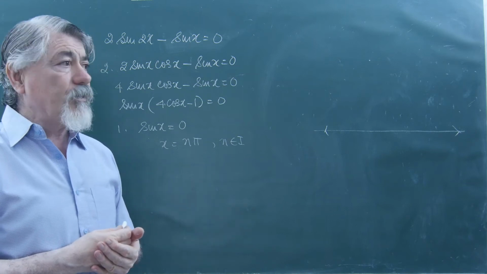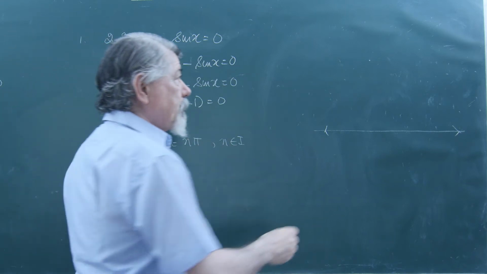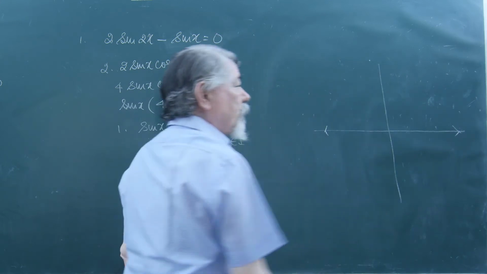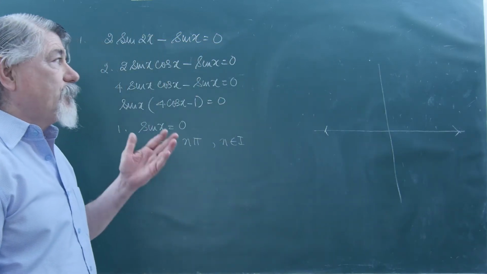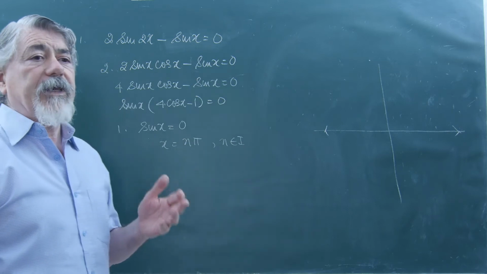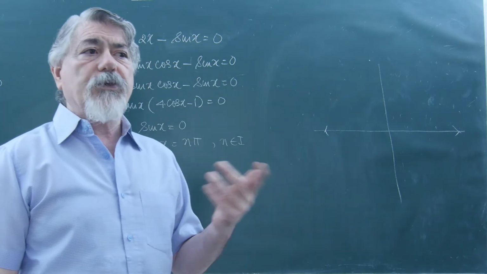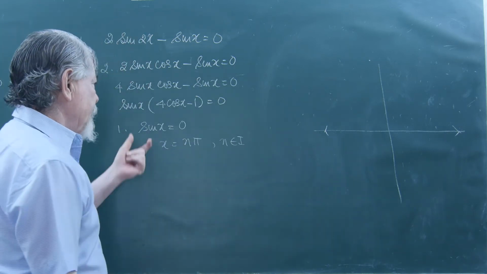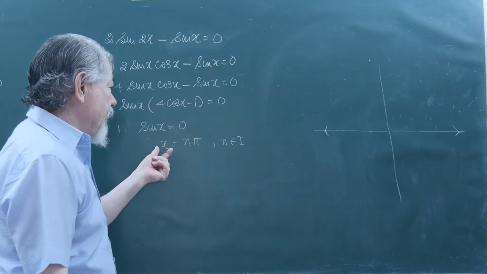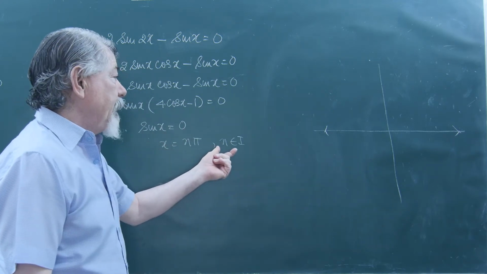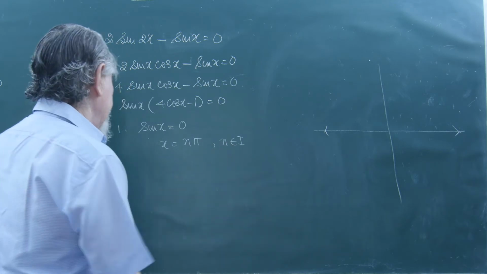Sine is always 0 on the x-axis and cos x is always 0 on the y-axis. That is odd multiple of pi by 2. Whenever you get odd multiple of pi by 2, cos will be 0. So sine x is equal to 0, then I get x is equal to n pi, n belongs to the set of integers.